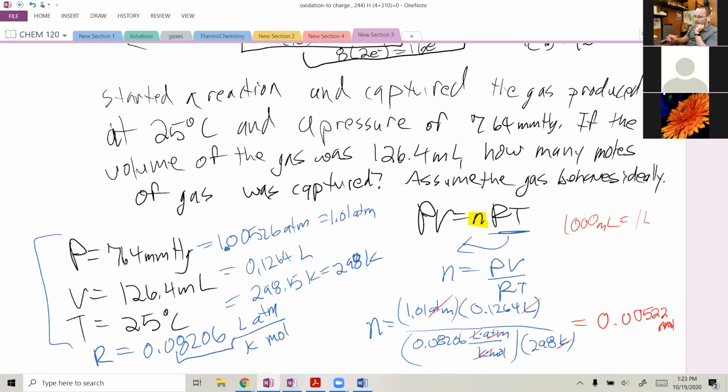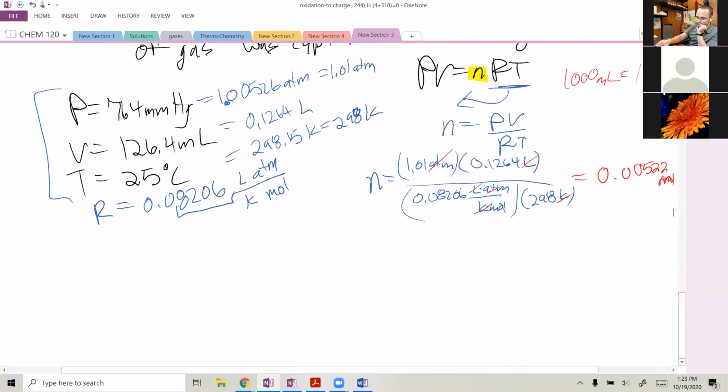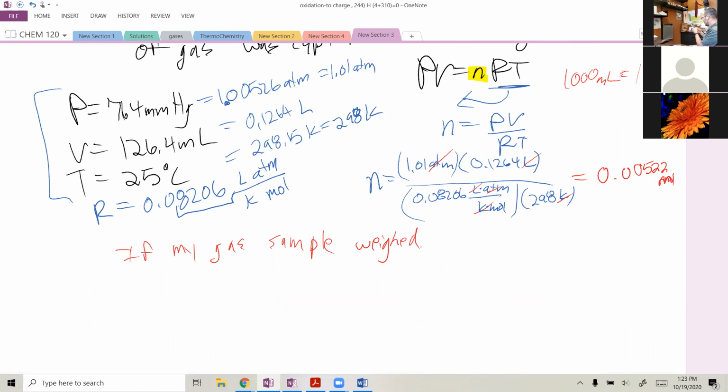All right, now let's say, if my gas sample weighed 0.20856 grams.